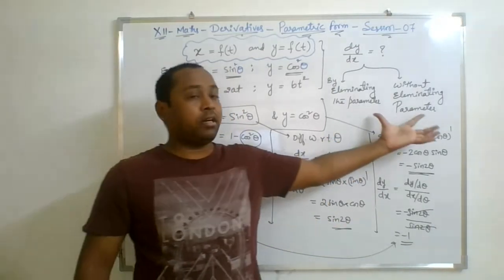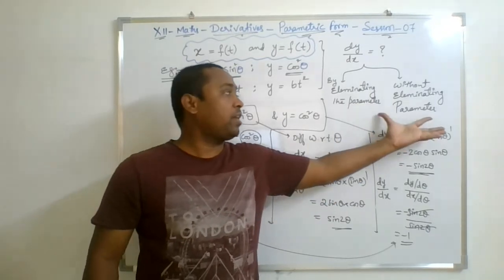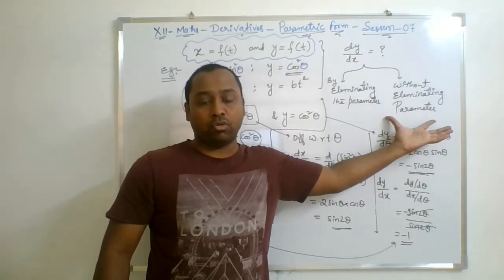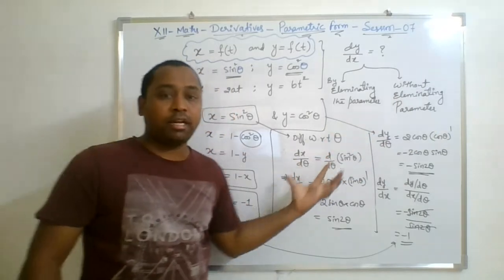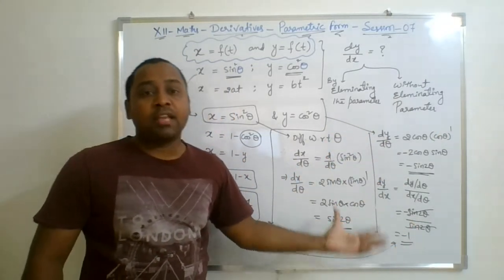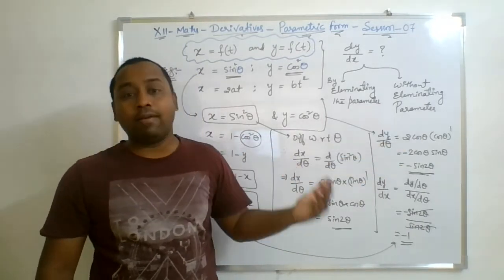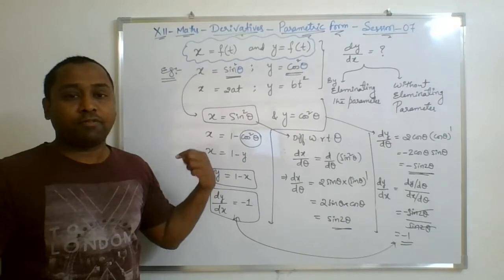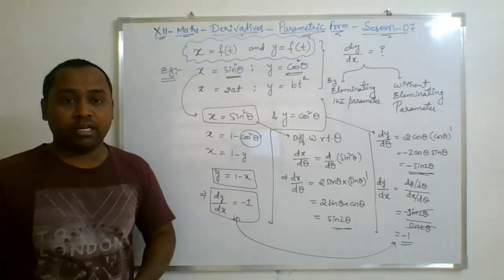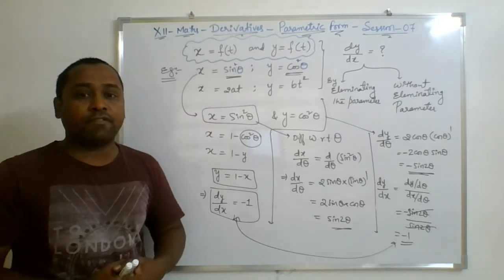Means the second method is mentioned in the textbook. That's why we are solving questions 1 to 10 without eliminating the parameter through the second method. Wherever the condition is not mentioned, you have a choice to go for first or second, according to your convenience and the level of the question.